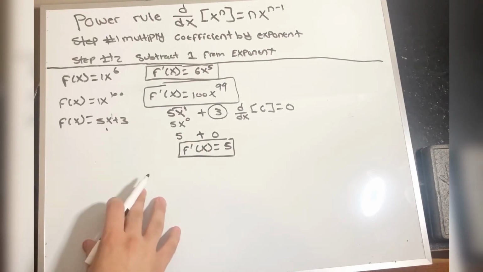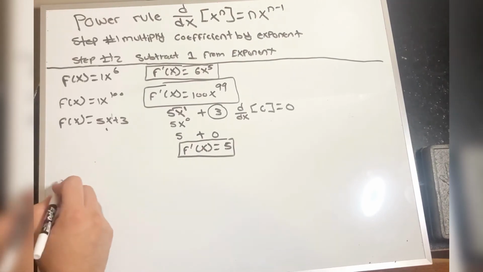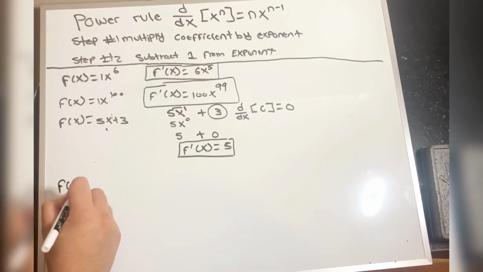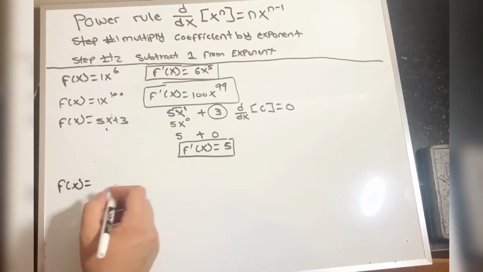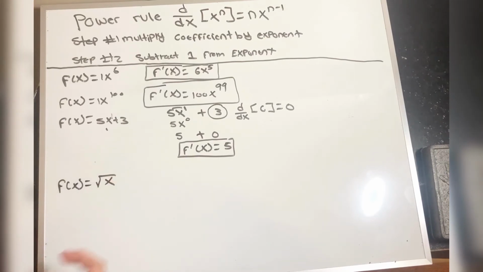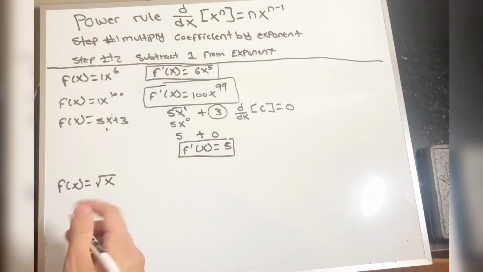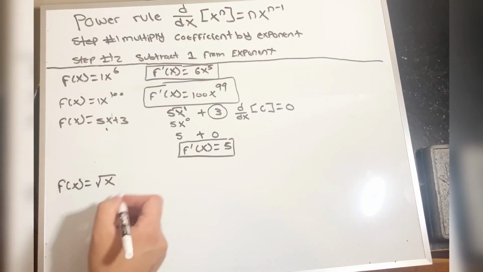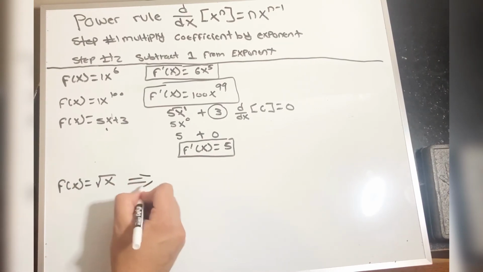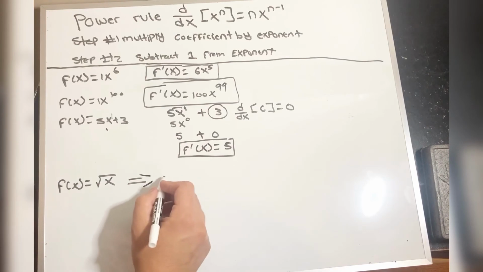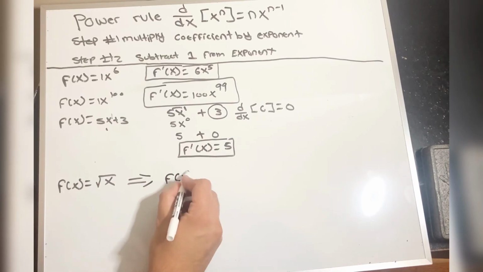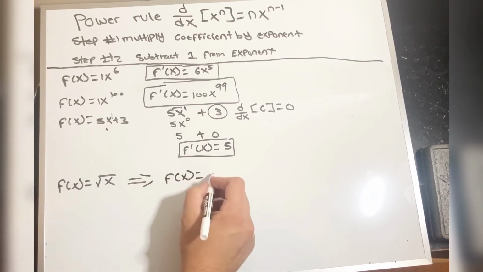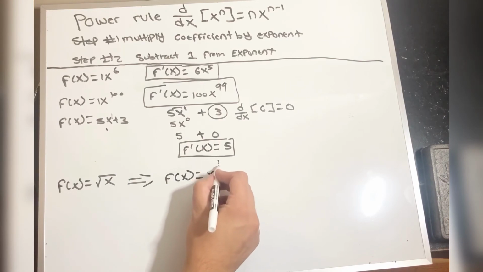Now, let's try to do this one. What if I gave you f of x equals square root of x? All we have to do is set it up with an exponent. So this becomes f of x equal to x to the 1/2.